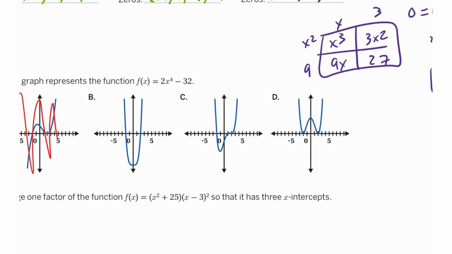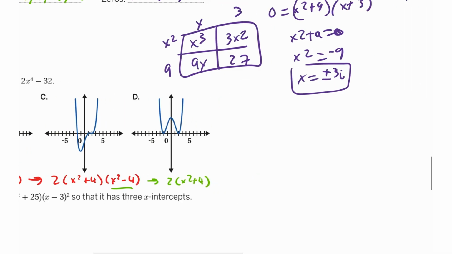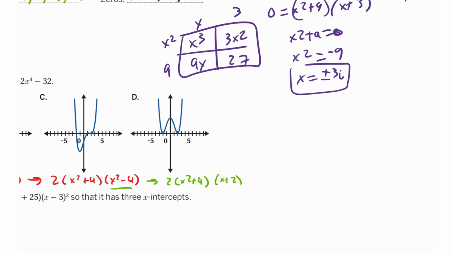In this one, I factor out a 2, which gives me x to the power 4 minus 16, which is a difference of squares, so it becomes 2 times x squared plus 4 times x squared minus 4, which again, another difference of squares, so I get x squared plus 4, and x plus 2, and x minus 2.